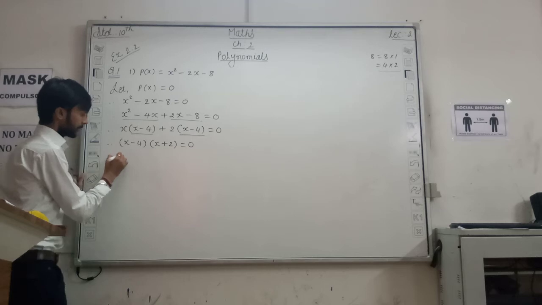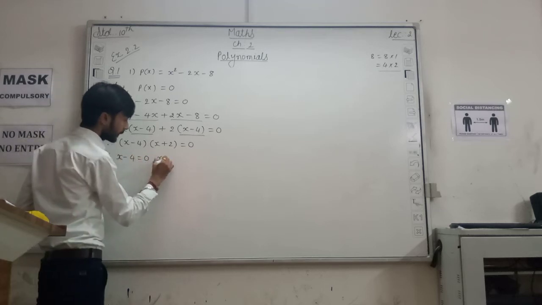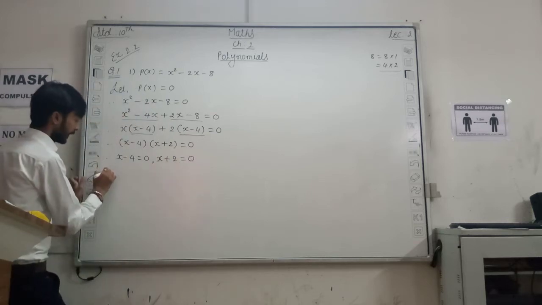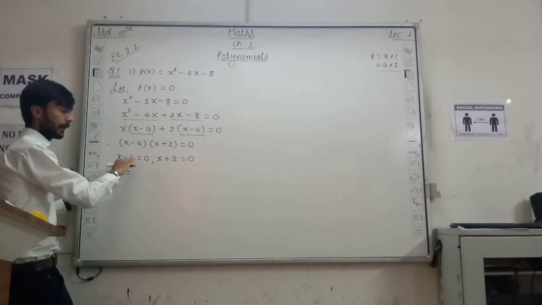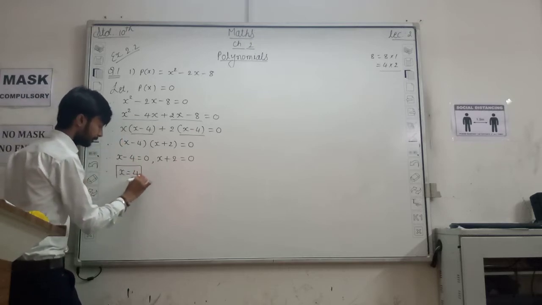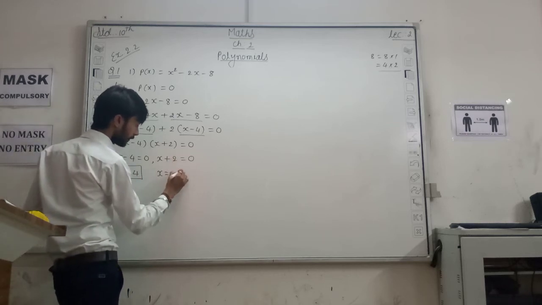Therefore x minus 4 equals 0, x plus 2 equals 0. So x equals 4, taking it to the right side it becomes plus 4, and x equals minus 2.